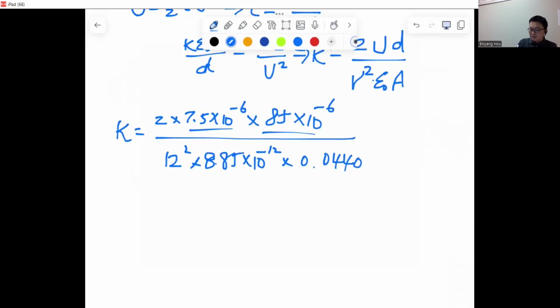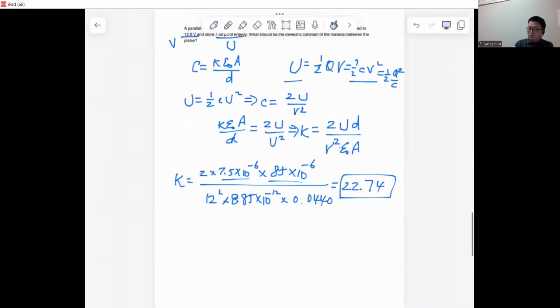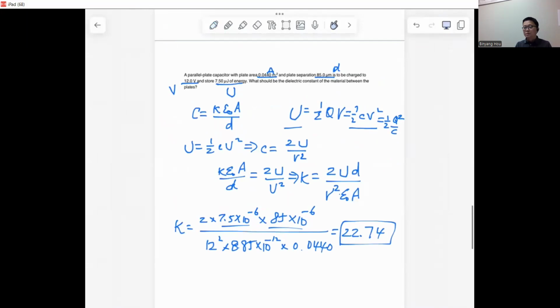So at the end that gives us 22.74 as the dielectric constant. It's a number without units because it's a ratio between two of those constants. All right, so that's the full solution.